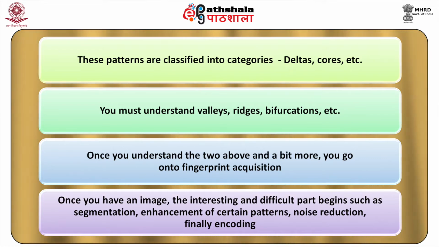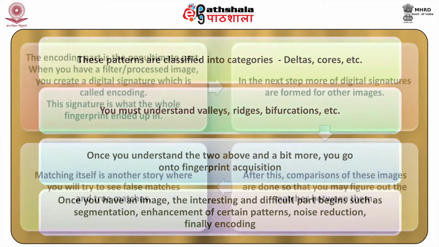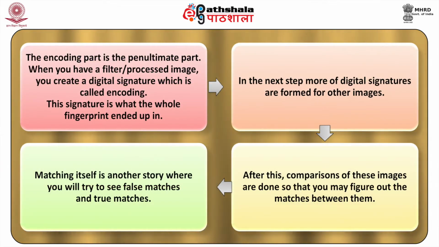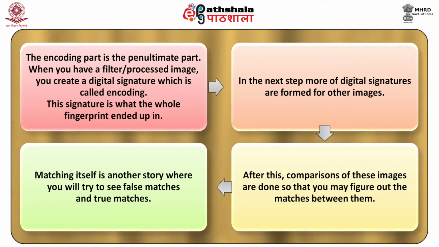Once you have an image, the interesting and most difficult part begins, such as segmentation, enhancement of certain patterns, noise reduction, and finally the encoding. The encoding part is the penultimate part. When you have a filtered or processed image, you create a digital signature, which is also called encoding. The signature is what the whole fingerprint ended up in.